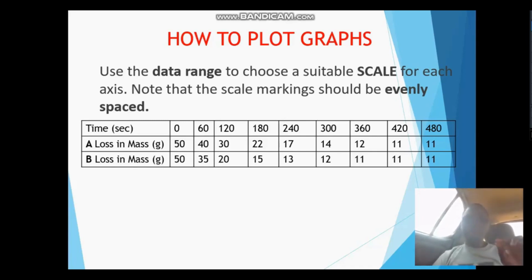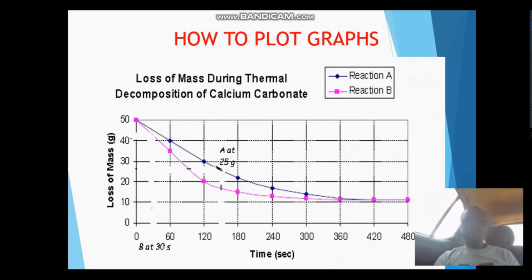So let's see how we will use those scales and draw the graph. As I said, every 2 centimeters in my scale here is representing 60 seconds. So there is 60, 120, 180, 240, 300, 360, 420 and 480.